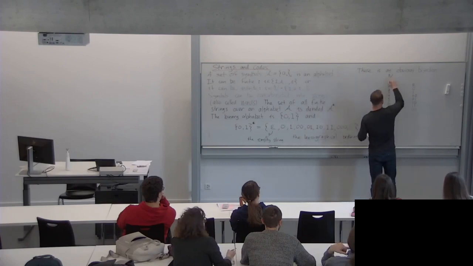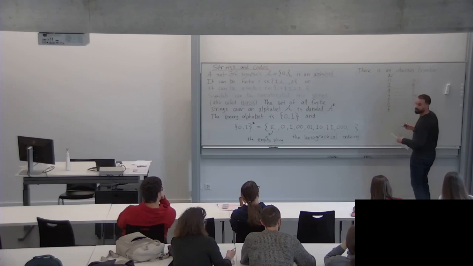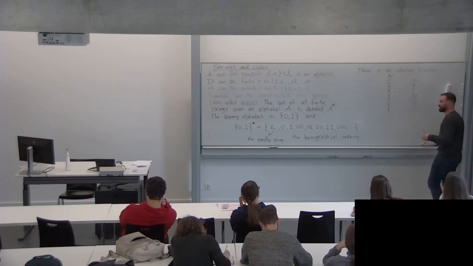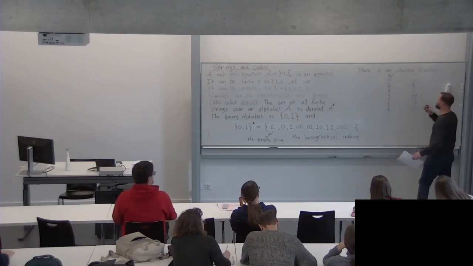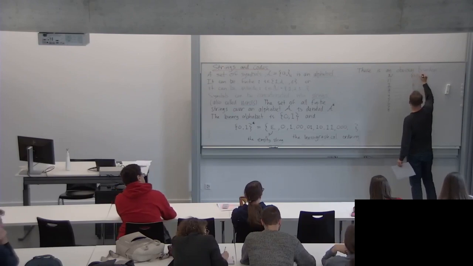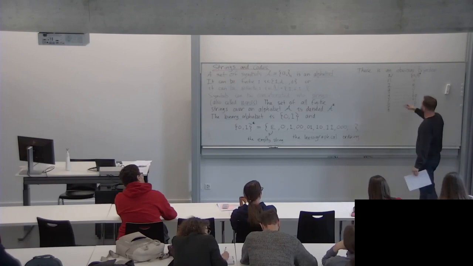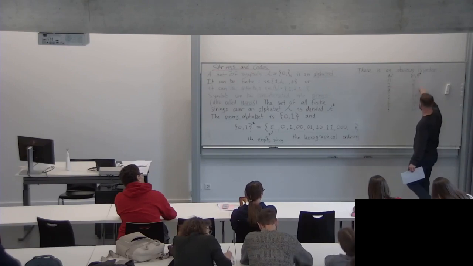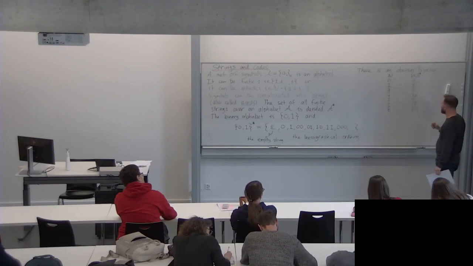So usually n is going to be a natural number, and x, y, z will typically be strings. I'm not promising anything, but most of the time that's going to be the spirit of the notation. So we've got numbers here and their corresponding strings.